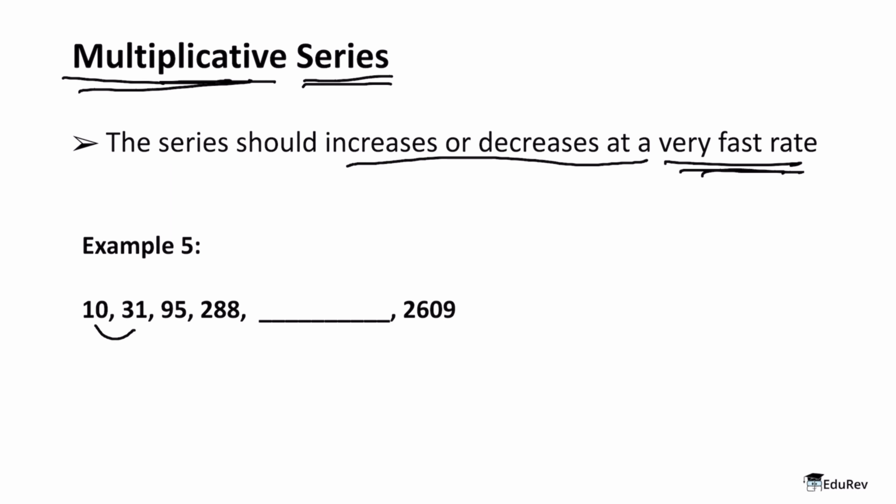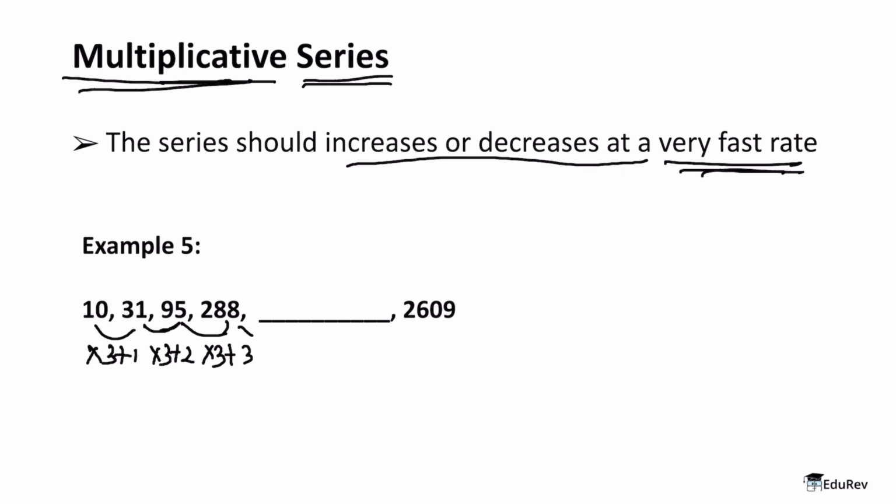So we can see that 10 to 31 is basically into 3 plus 1. 31 to 95 comes out to be into 3 plus 2. 95 to 288: here 95 into 3 is basically 285, and once again, if we add 3, it's 288. So here the pattern that we are following is into 3 and plus the number 1, 2, 3. So the pattern is going that way.